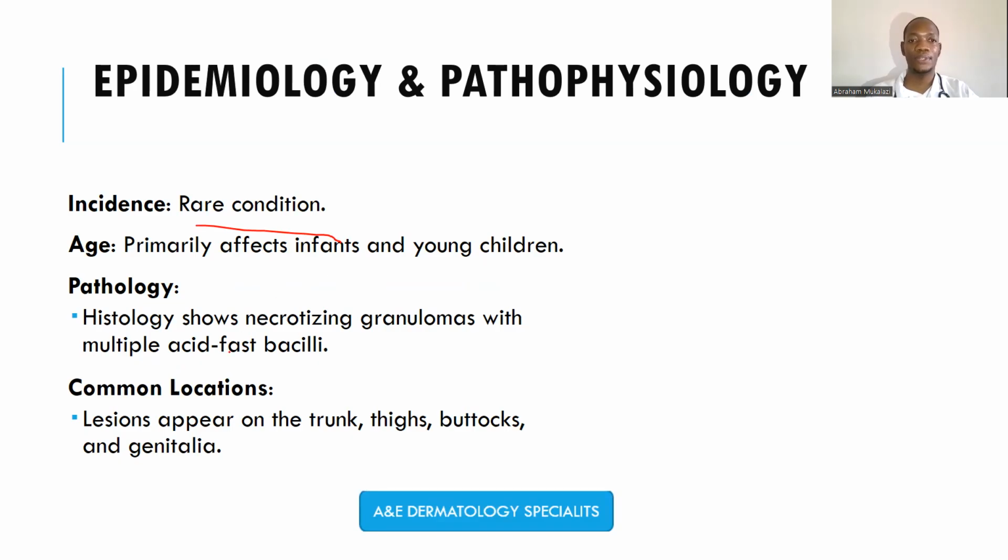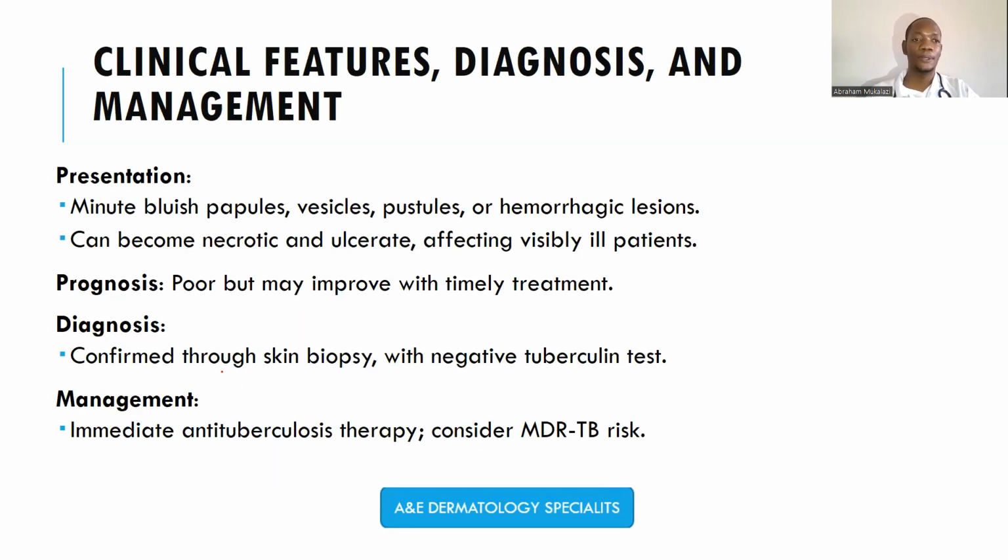Still on pathology, we shall see the cutaneous necrosis and granulomatous formation with a lot of bacteria seen. Then commonly we see these disseminated macules usually on the trunk, thighs, buttocks, and even the genitalia. So when you are making the diagnosis, which will depend on a skin biopsy, sometimes the tuberculin test may be negative or sometimes positive.